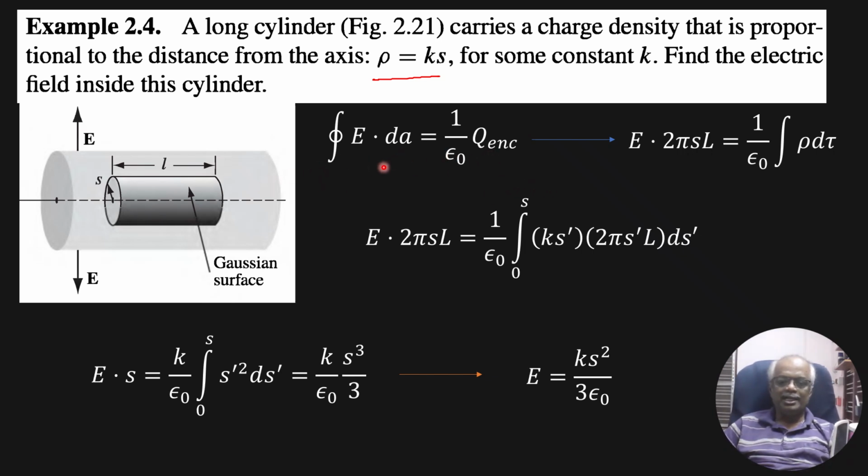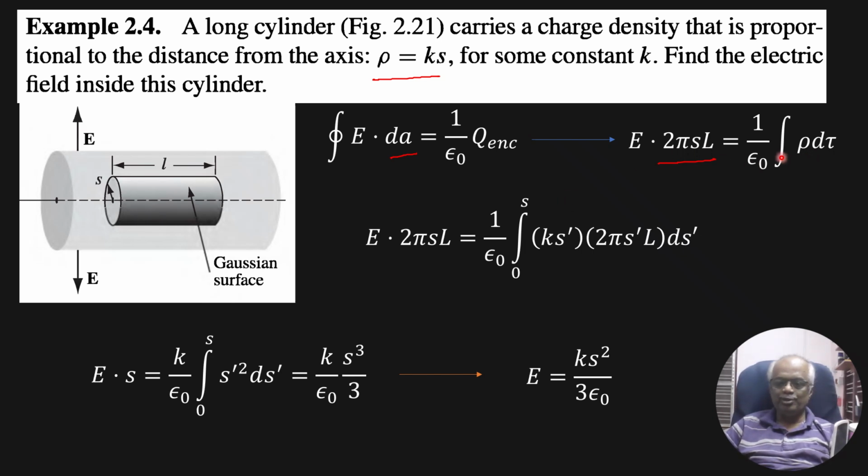Here E times dA is equal to 2 pi s, where s is the radius of the Gaussian surface, multiplied by capital L, that is the total length of the cylinder, which is equal to 1 over epsilon naught. Then the charge enclosed is the integral of rho d tau, where d tau is a small volume element.